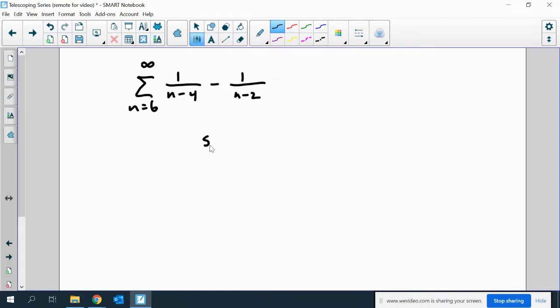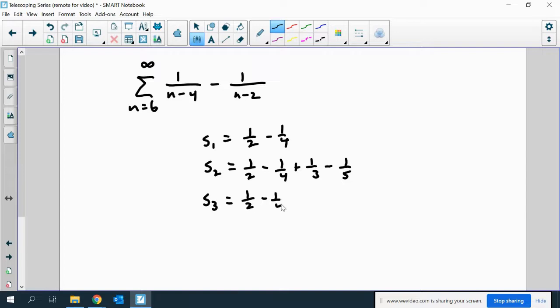So in this case, the first partial sum would be 1/2 minus 1/4. Second partial sum is 1/2 minus 1/4 plus 1/3 minus 1/5. Notice nothing's canceled out yet. So then I have 1/2 minus 1/4 plus 1/3 minus 1/5 plus 1/4 minus 1/6.